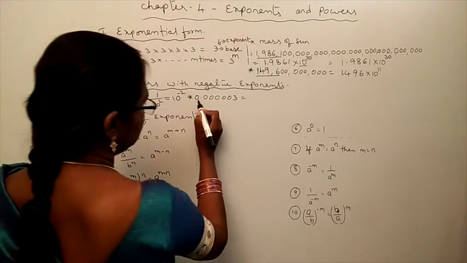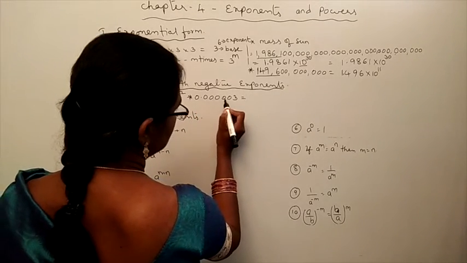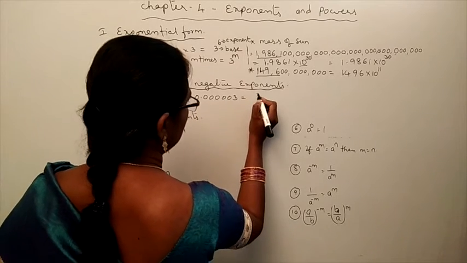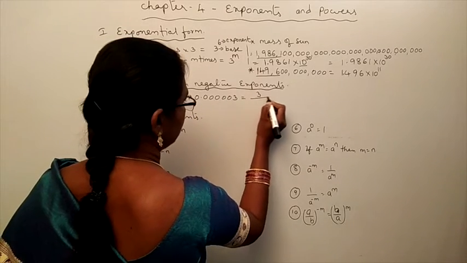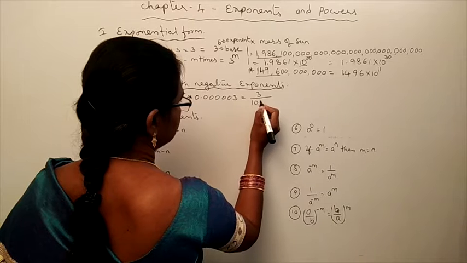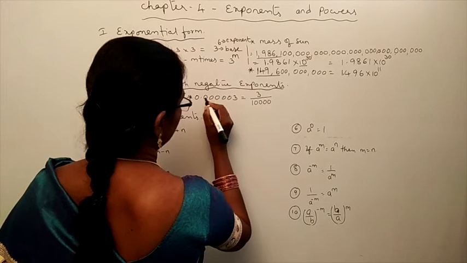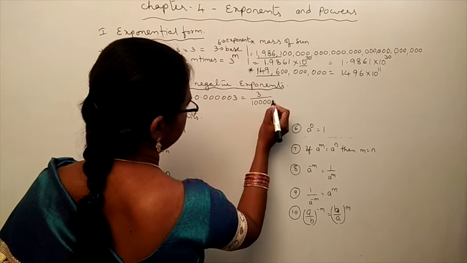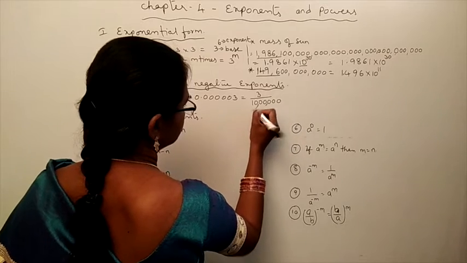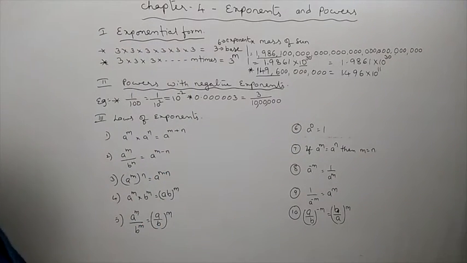Now next, 0.000003. How to write that in fraction form? 3 by 1, 2, 3, 4, 5, 6, that is 10 lakhs. 3 by 10 lakhs.